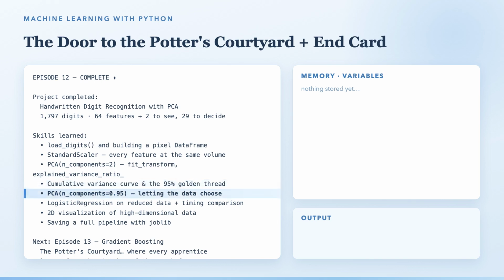The skills, read slowly: load_digits and a pixel data frame, StandardScaler, every feature at the same volume, PCA with n_components=2, fit_transform and explained_variance_ratio_, the cumulative variance curve and the 95% golden thread, PCA with n_components=0.95, letting the data choose, logistic regression on reduced data, with the timing comparison, the 2-dimensional picture of high-dimensional data, and joblib, saving the whole pipeline. Next, episode 13, gradient boosting, waiting in the potter's courtyard.